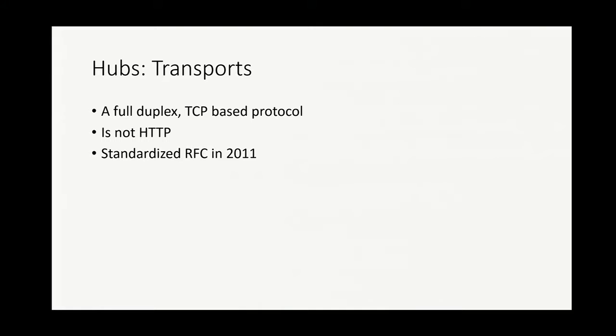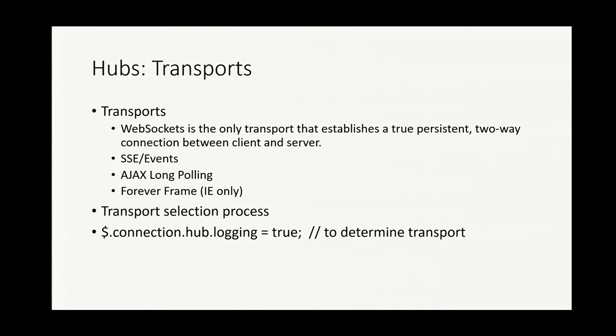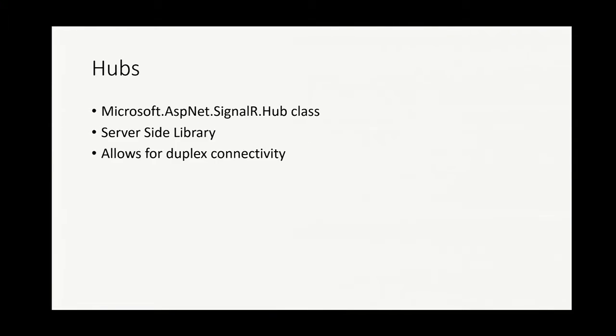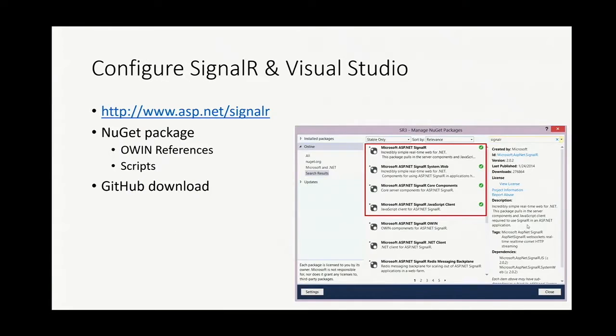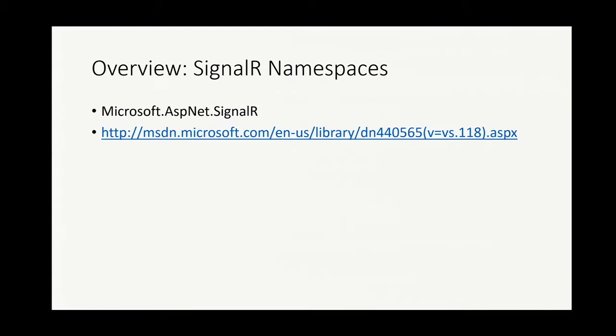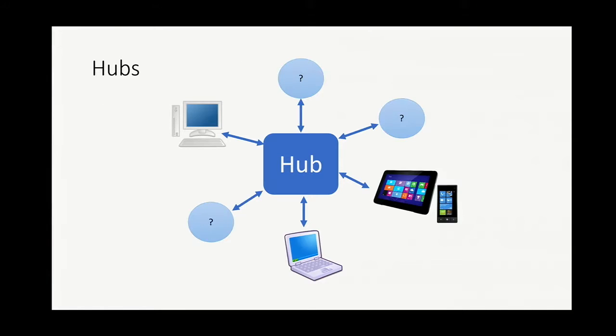But they use what's called transport negotiation, also a fun resume buzzword, to be able to figure out, if I go way back, that's not that far back, where is it? There it is. So you go way back to here and you think about these clients, right, and what's happening.